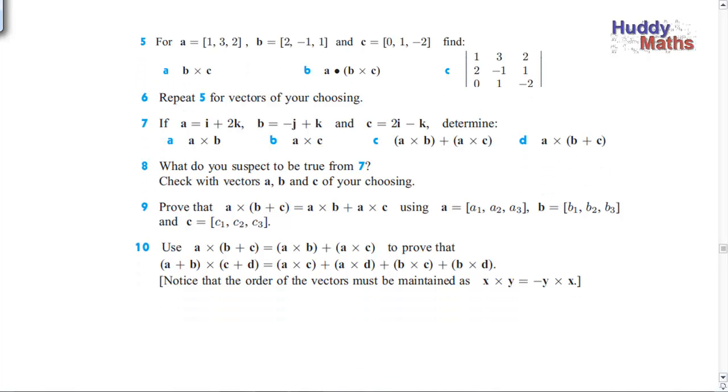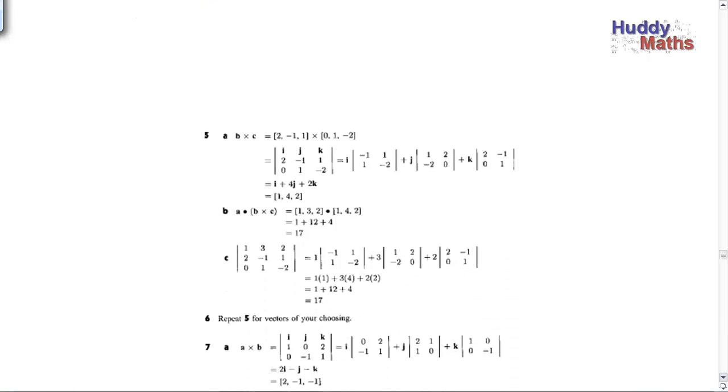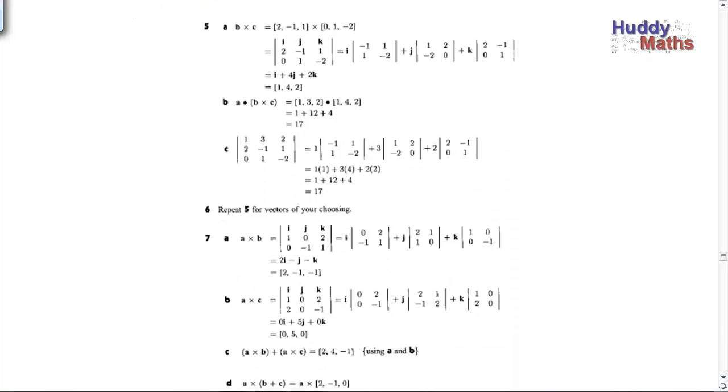So here are some questions for you. 5, 6, 7, 8, 9 and 10. I think you should do most of these. There are interesting little results that are used and are necessary. Okay, so pause it and have a go, and I'll show you the answers. Here they are now. Okay, 5, 6 and 7.